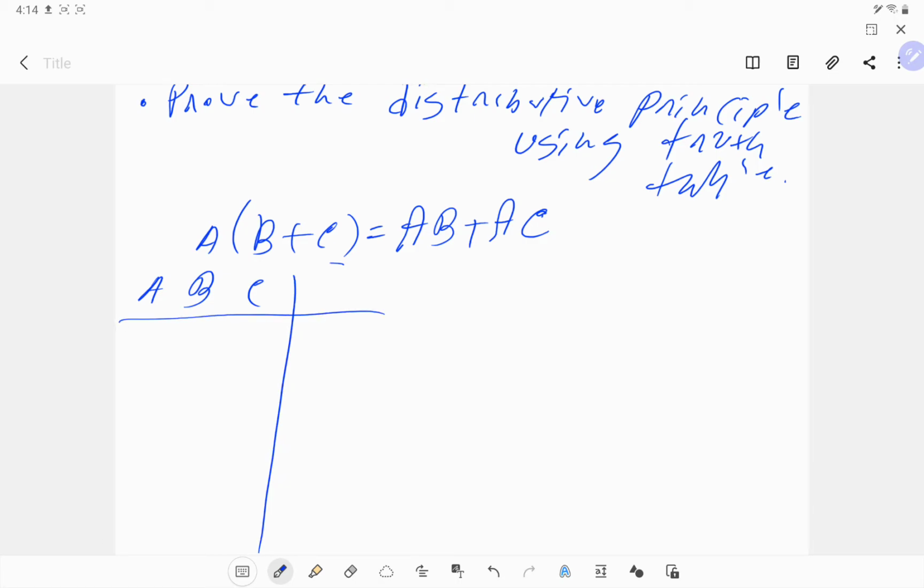So it should have 8 combinations. 0 0 0, 0 0 1, 0 1 0, 0 1 1, 1 0 0, 1 0 1, 1 1 0, 1 1 1.